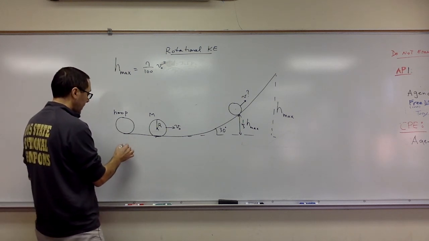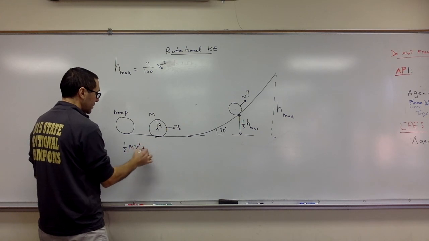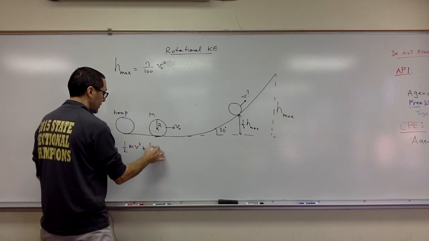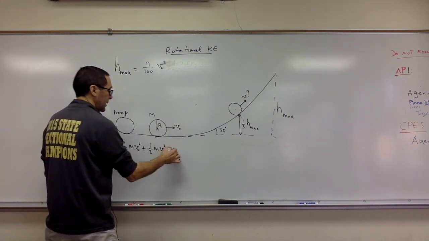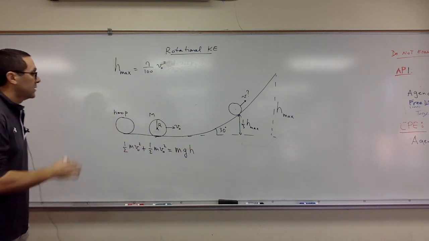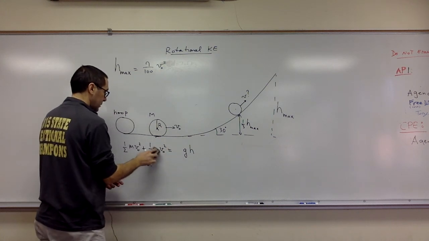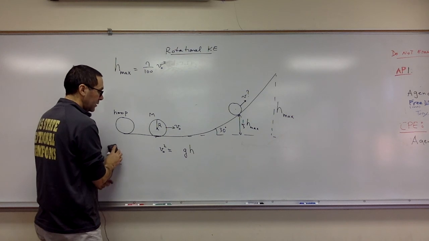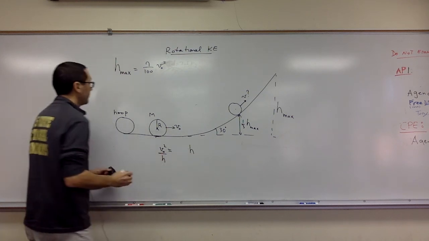I will have 1/2 mv squared plus the coefficient for the hoop is just 1, so it's going to be another half mv squared, this is initial, equals mgh when you get up to the top. There's no kinetic energy. So I think we can get rid of the masses. We can just make this 1/2 and 1/2 1, and we can divide by h.